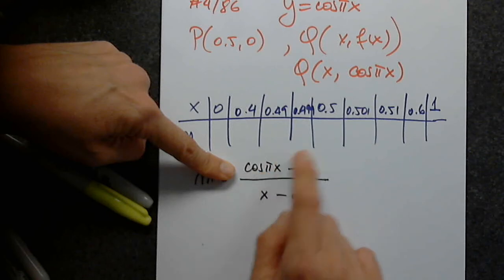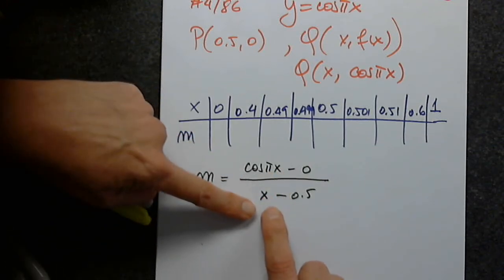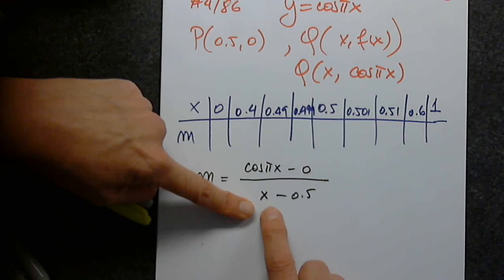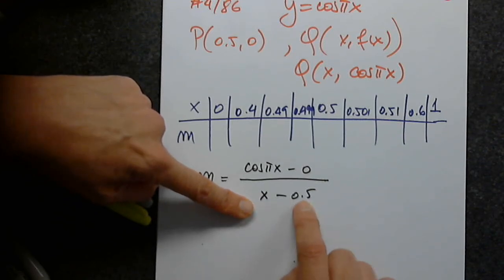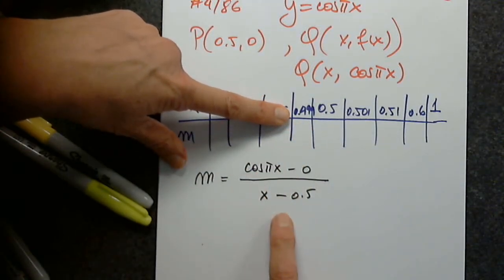This will be 0 actually at 0.5. So for numbers greater than 0.5, cosine will be negative in the second quadrant, and the denominator will be positive. That's why the answer is negative. On this side, at 0.49, this will be positive, but this will be negative.